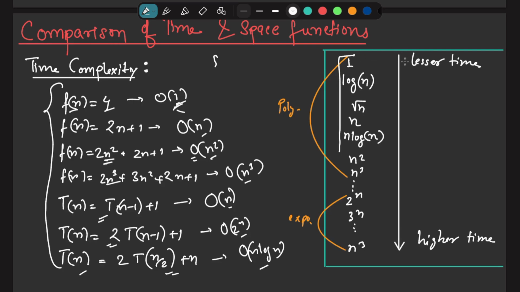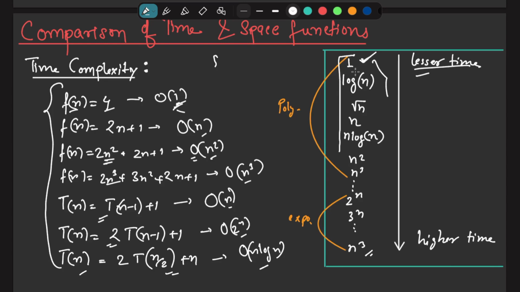The algorithm which takes less time will be better and more efficient, and the ones which take higher time are slower and less efficient.